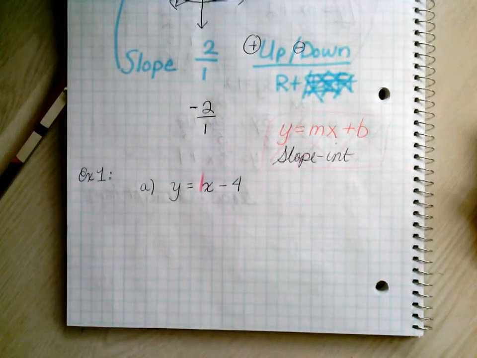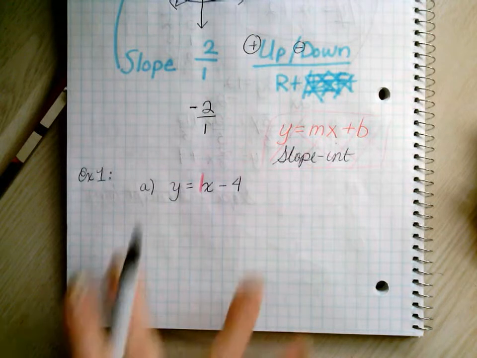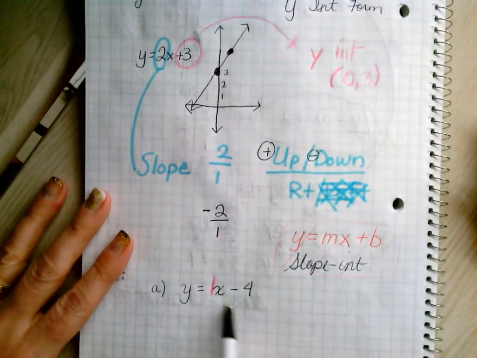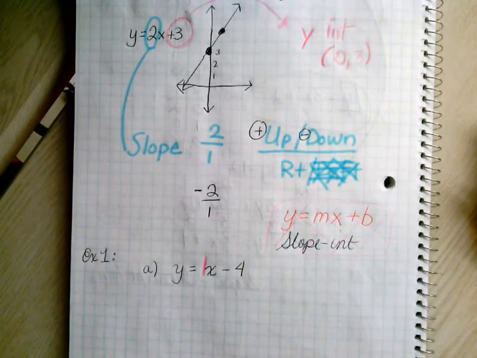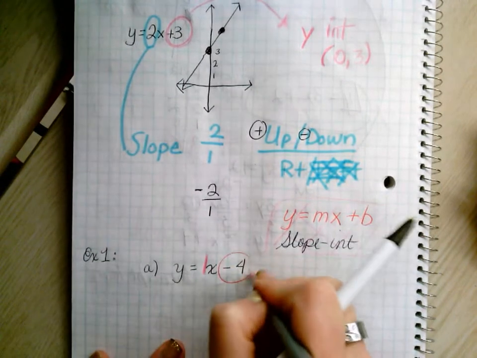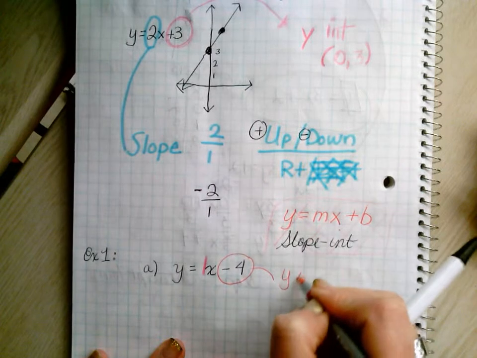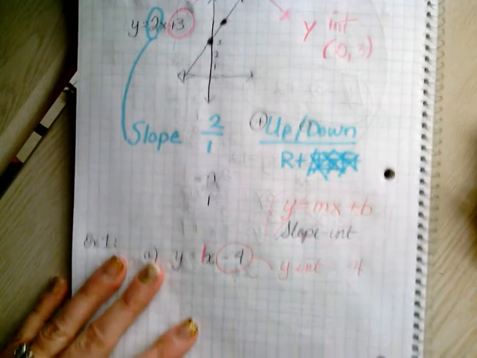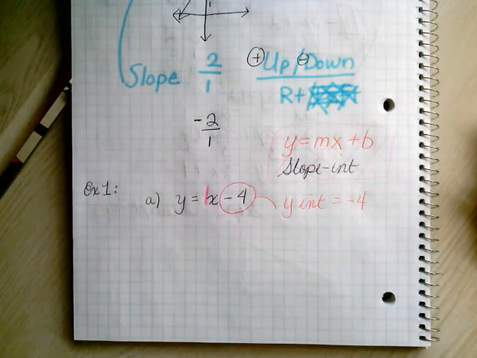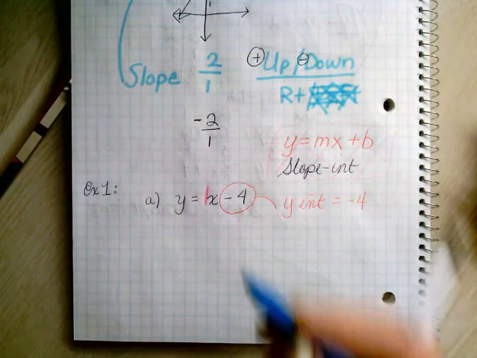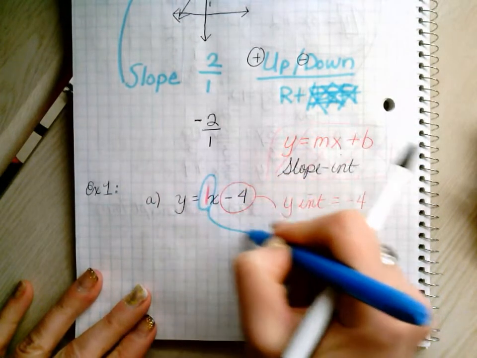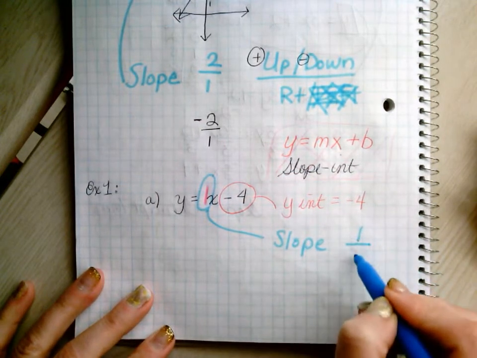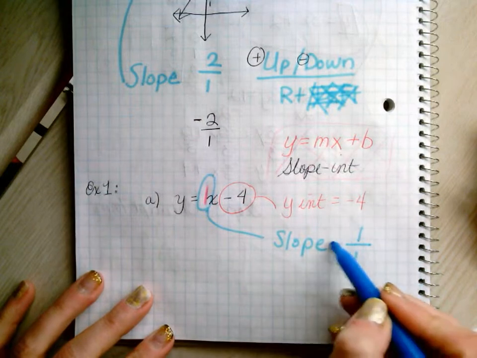What is the y-intercept? Anybody remember? Yes. This piece is your y-intercept. What kind of 4, by the way? Yep. Negative 4. And what is your slope? 1. Which, because it's a whole number, you would write it as 1 over 1.